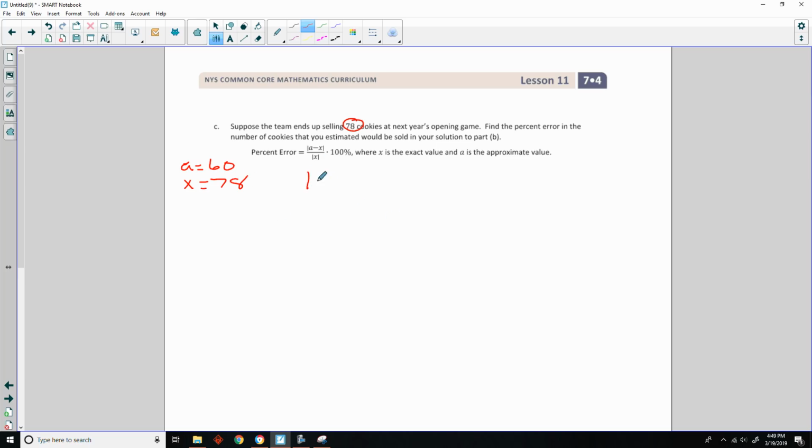So we write the absolute value of 60 minus 78 divided by the absolute value of 78 times 100%. 60 minus 78 is a negative 18 over the absolute value of 78 times 100%. Okay, and this is the percent error.